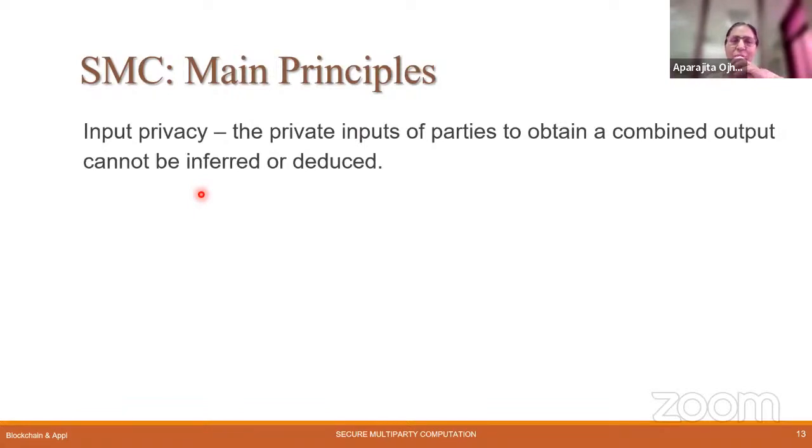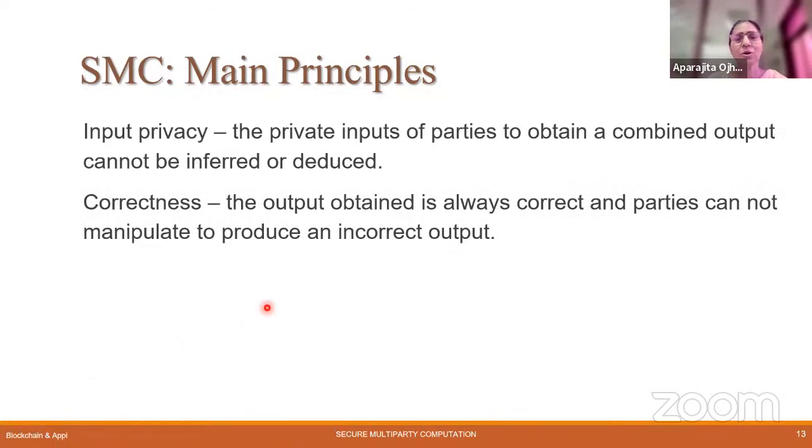If I have a component and you have a component, and both of us put the components together, we will be able to solve the jigsaw puzzle. But I do not know what part you may be having, right? So by giving an input to the function, from the function output it is not possible to infer the input of any given party. That is number 1.